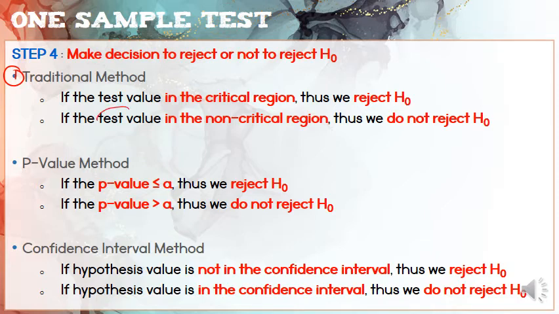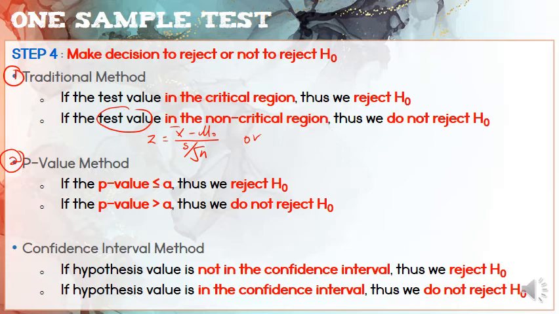So test value ni apa yang tadi tu? Sama ada Z atau T, X bar minus hypothesized mean bagi S over root N. Okay, ataupun T tadi tu lah. Okay, ini basically how to decide. If awak menggunakan the second method, P-value method, if the P-value is less than or equal to your alpha value, we reject H null.